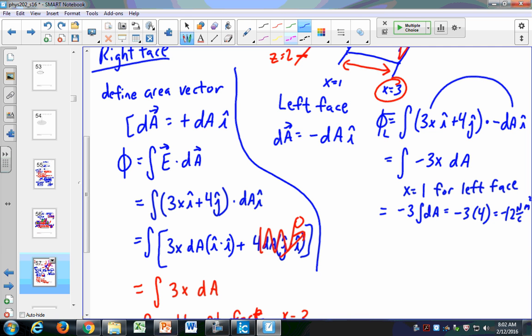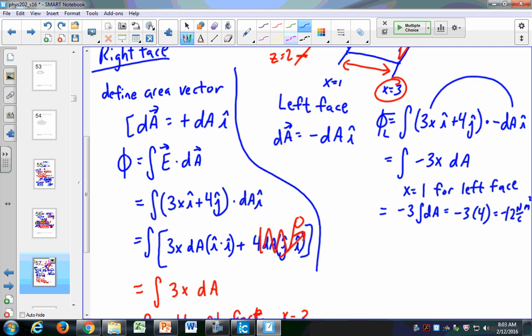Let me step back through that. It's the same steps. First, I define my area vector. My area vector is perpendicular to the surface. Since I'm doing the left surface, it's going to be in the negative x direction, so it's negative dA i. Then I go back to my definition of flux, which is the integral of E dot dA. This is E, it's given in the problem. This is our new defined area vector.